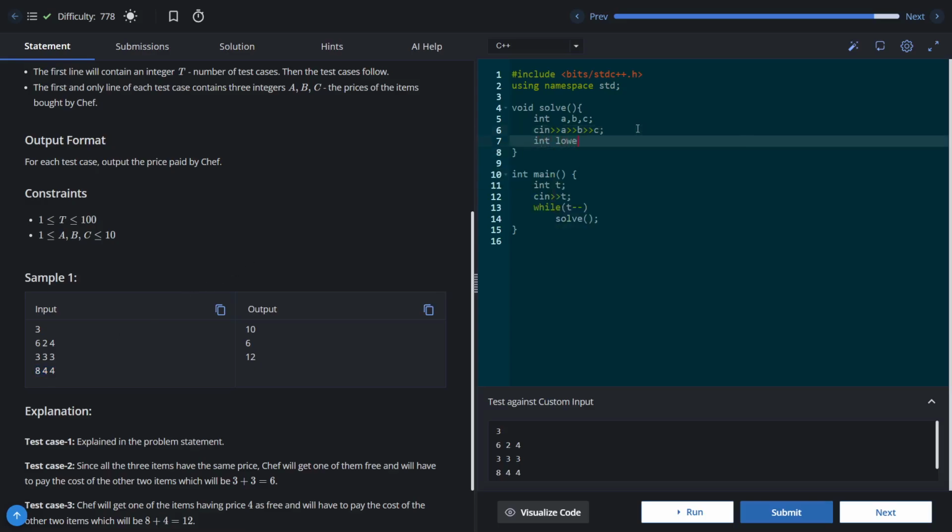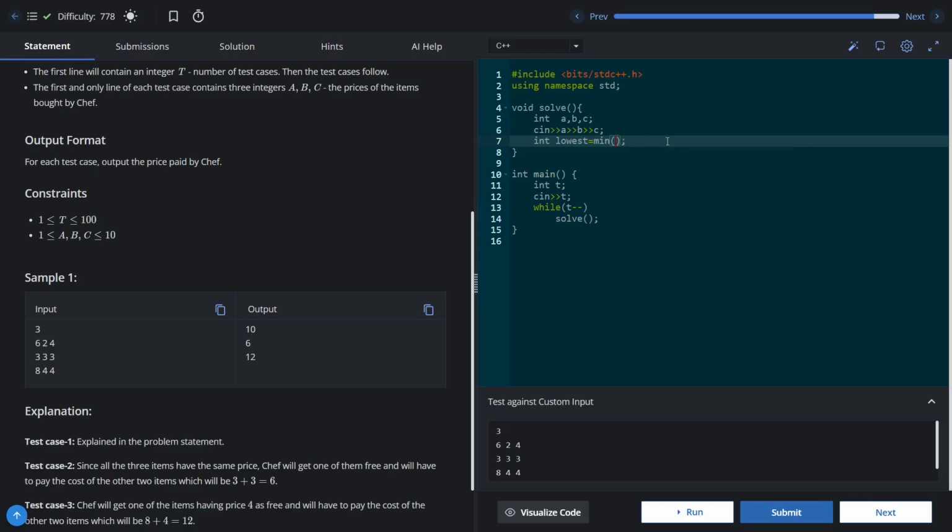We'll take int lowest as the minimum of, since we are comparing three values, let me put curly braces. This is the way you use minimum for multiple values, more than two values. In the case of two values, you will not use the curly braces, only a comma b.